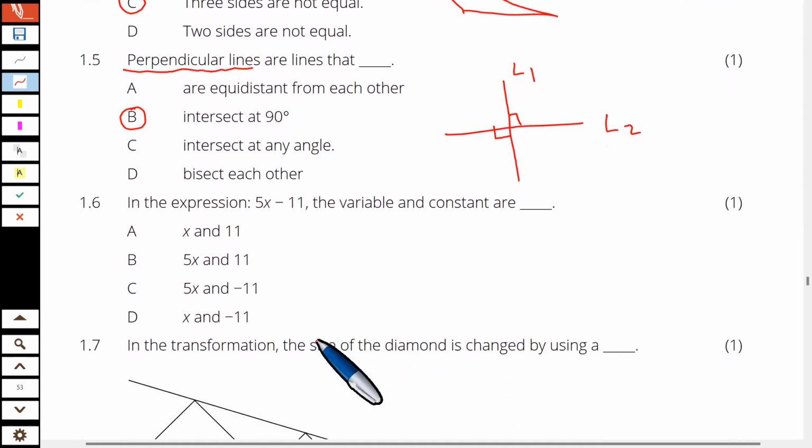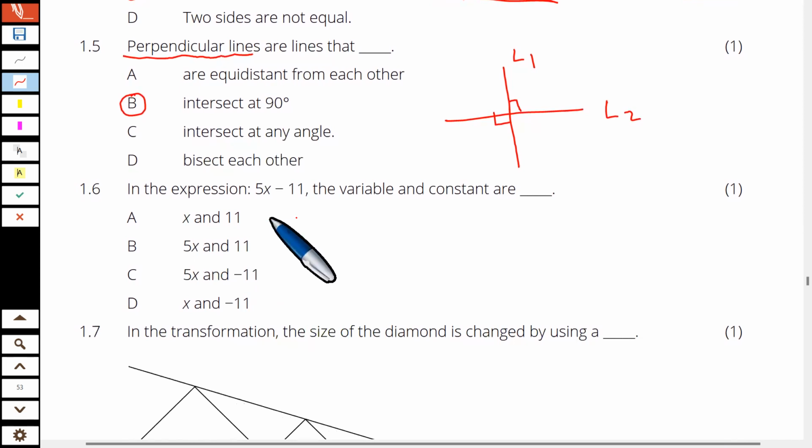1.6. In the expression 5x minus 11, the variable and constant are: x and 11, 5x and 11, 5x and minus 11, x and minus 11. Your thoughts, please, on this one?